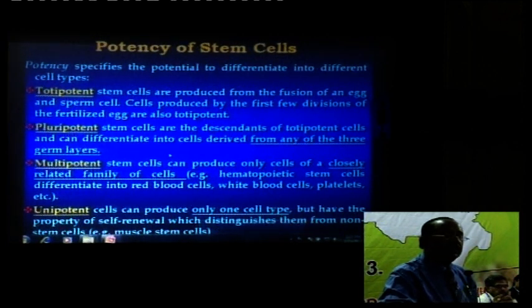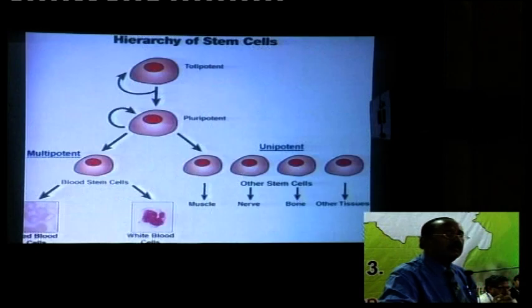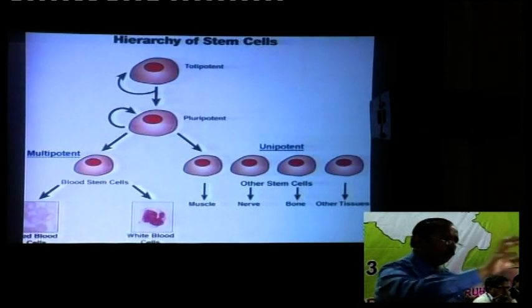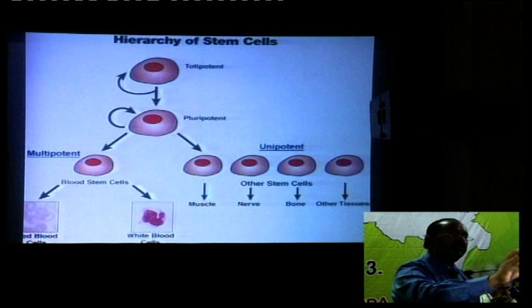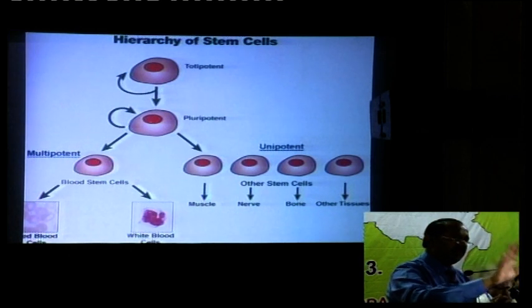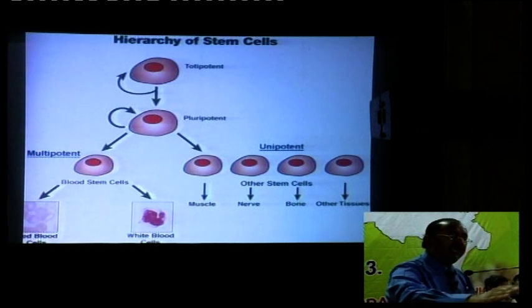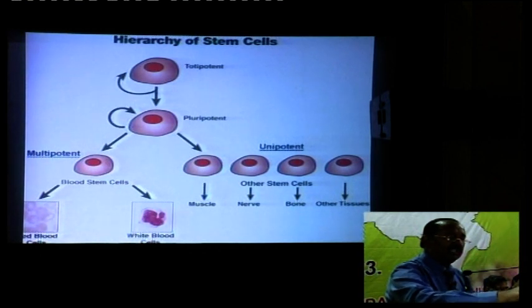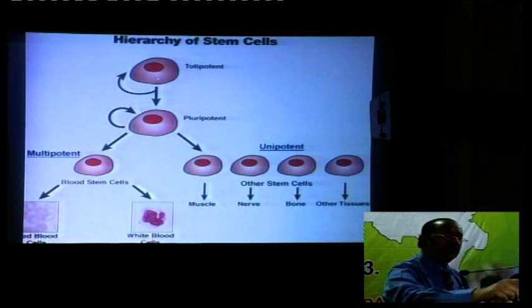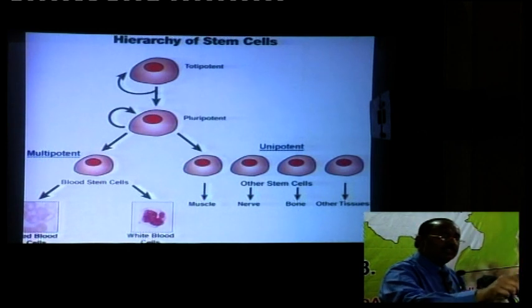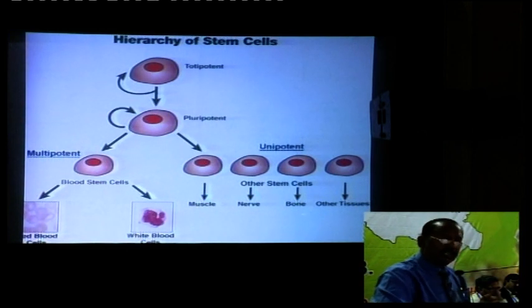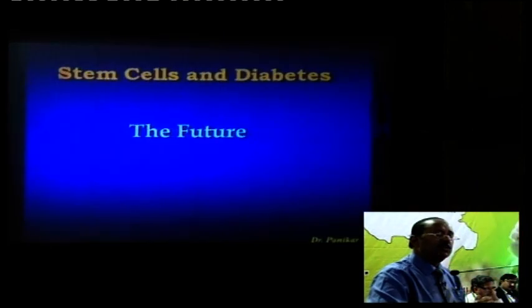So you have the totipotent, where you can get the complete fetus. Pluripotent can go into any form. Multipotent, like I told you, is a blood stem cell which can give red blood cells, white blood cells and so on. But unipotent will be individual organs or tissues only.